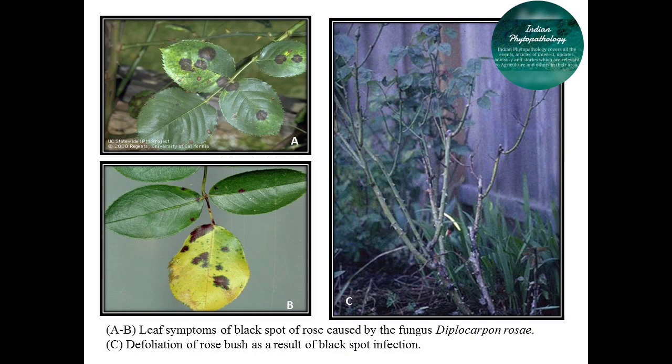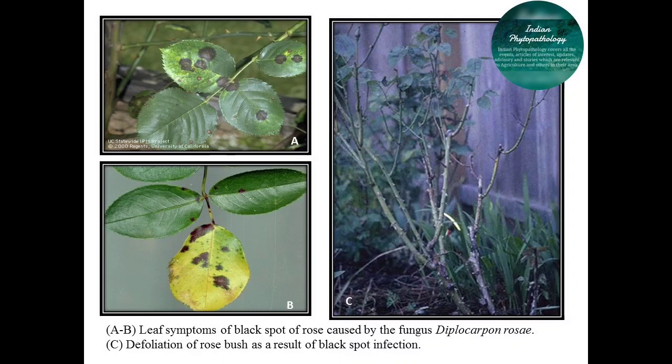The fungal spores spread by rainwater or rain-borne splashes. Germination of spores and infection occur when free water remains on the leaf, and if such water is present for more than 6 hours, then infection is very severe.